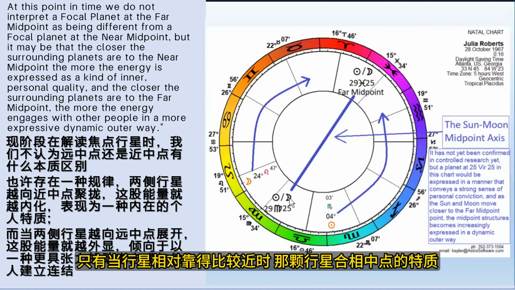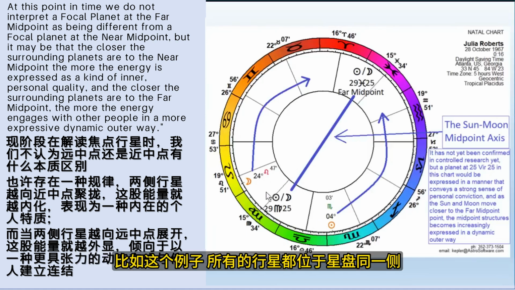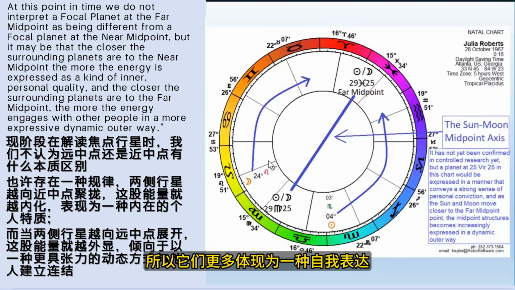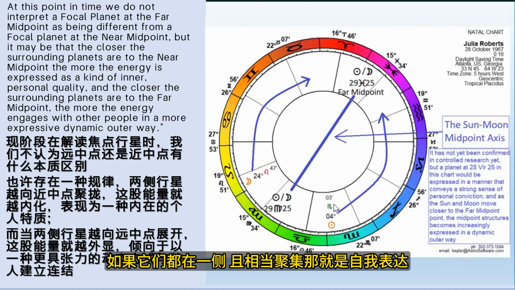It's when the planets are relatively close together that the planet is clearly conjunct the midpoint. So a planet at 29 Virgo 25 in this case, all these planets are on the same side of the chart wheel, and they're more self-expressive. If they're all on one side and fairly bunched up, it's a self-expression.